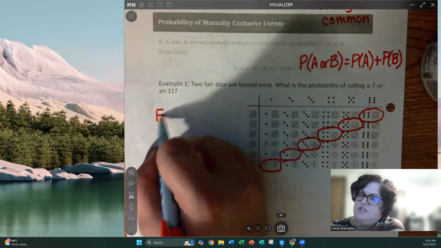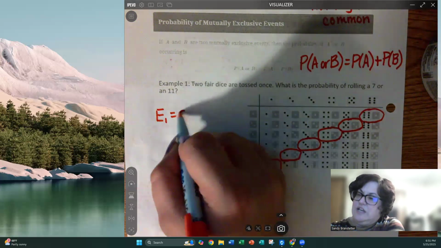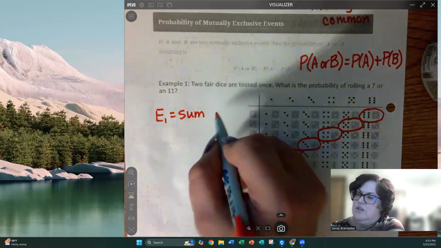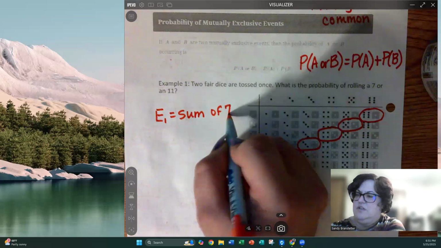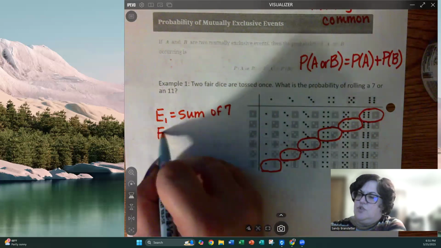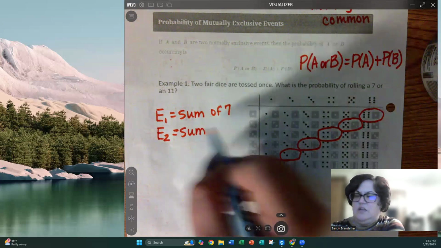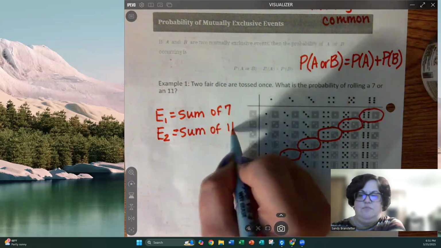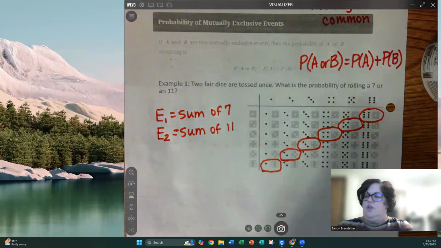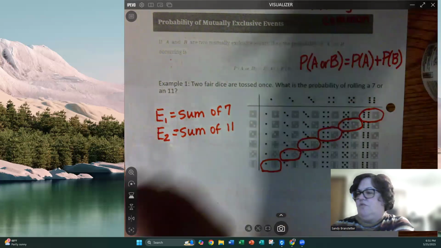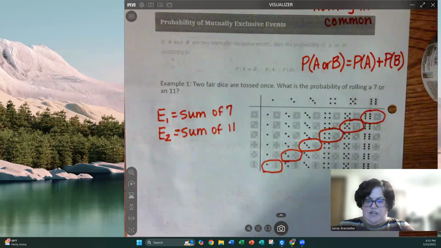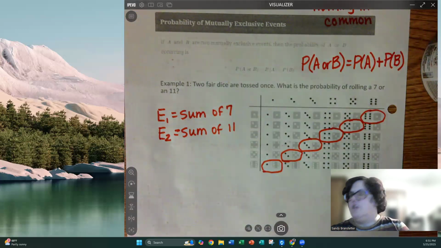So event number 1 is getting a sum of 7. Event number 2 then is going to be getting a sum of 11. So this is going to be our first event. This will be our second. So let's look at things that would add up to 11.